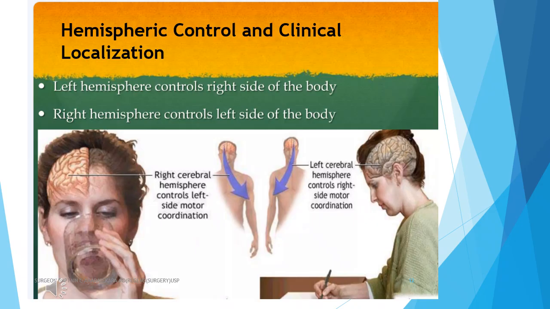A soldier with sudden right arm weakness and slurred speech likely has a left hemisphere infarct. A trauma patient with left-sided facial droop and limb weakness may have a right hemisphere contusion.